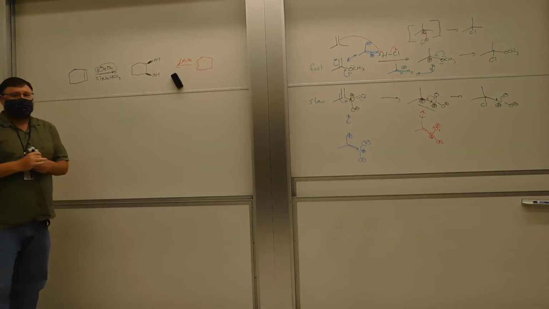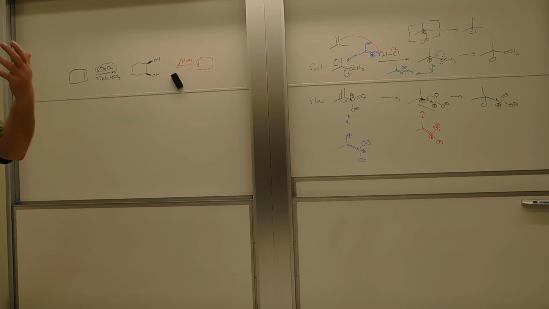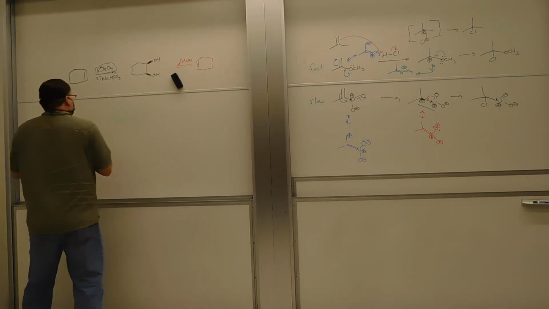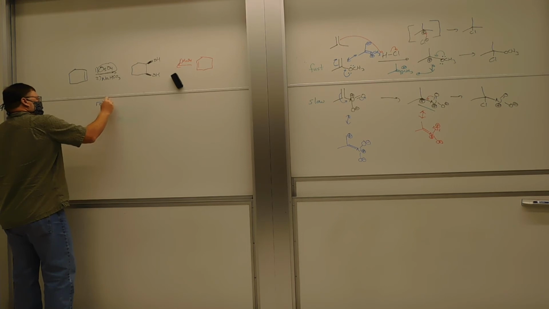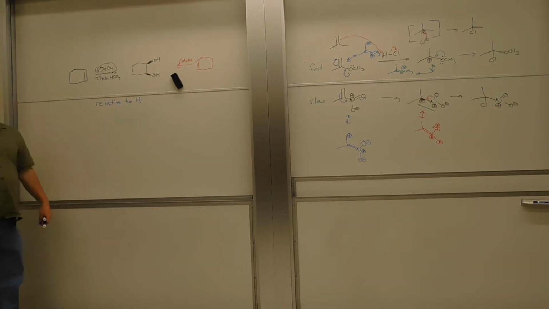So we can then classify groups, substituents on pi systems as either being electron donating or electron withdrawing. And we're always going to use that relative to H. Right? A substituent is a substituent because it stands in place for a hydrogen.